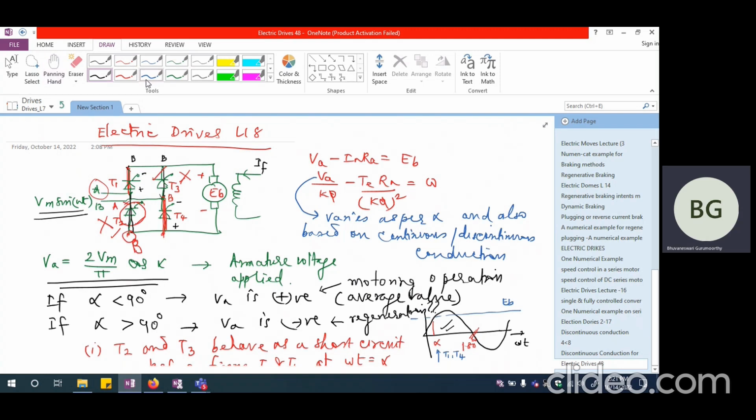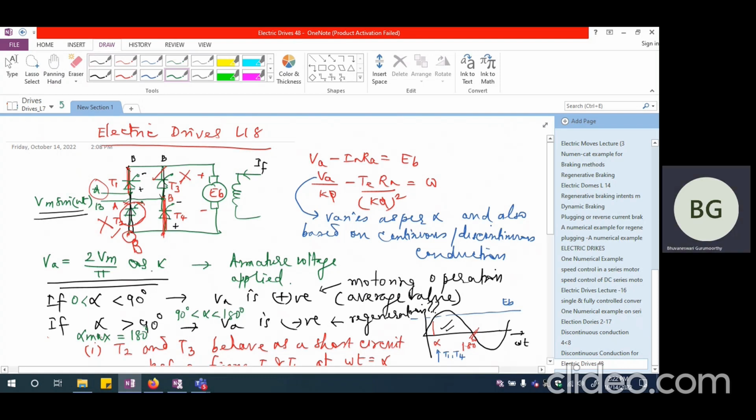But all the same, we cannot have alpha greater than 180. So alpha max can be only 180 degrees, nothing more than that. So this is between 0 and 90, and this is going to be between 90 to 180. So this is the range in which the machine might work in regenerative braking operation, which we have to check.